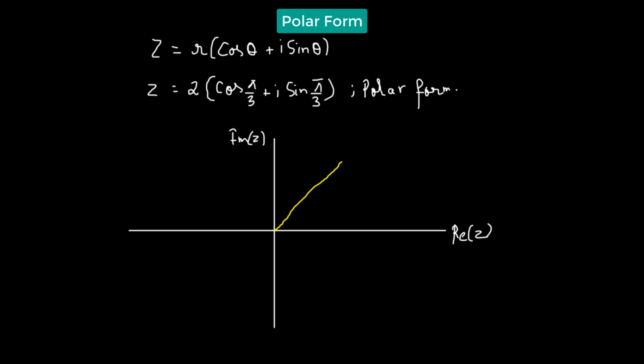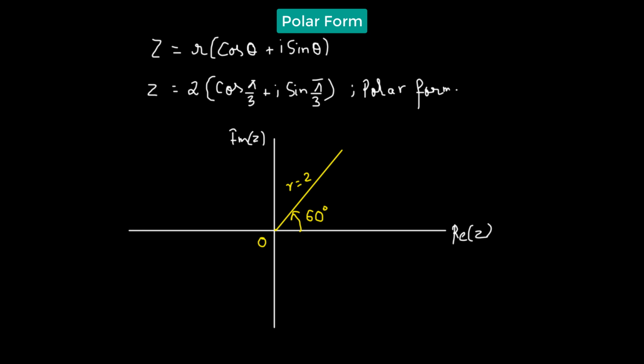That's not a straight line, let me draw a straight line. So this is going to be 45 degrees, so let's tilt it above. So this should be approximately 60 degrees. So we have theta equal to 60 degrees, and assuming that this radius is exactly equal to 2 units.